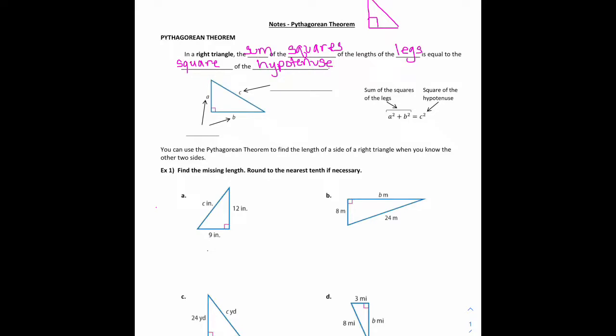Okay, so in a right triangle, the sum of the squares of the lengths of the legs is equal to the square of the hypotenuse.